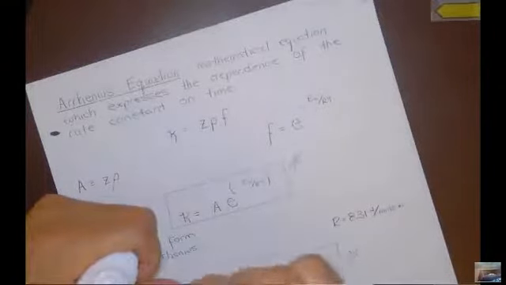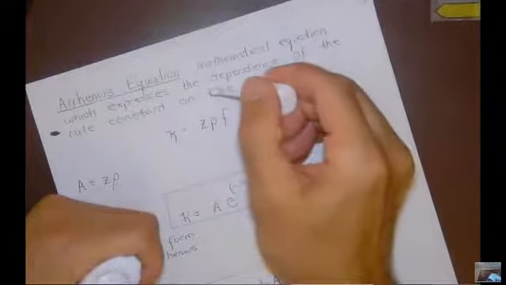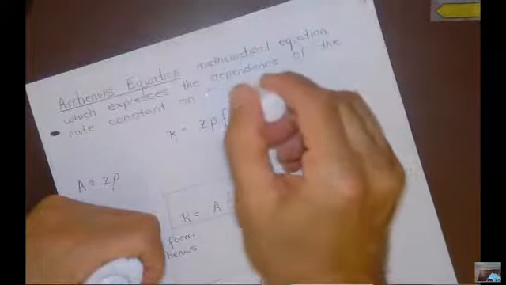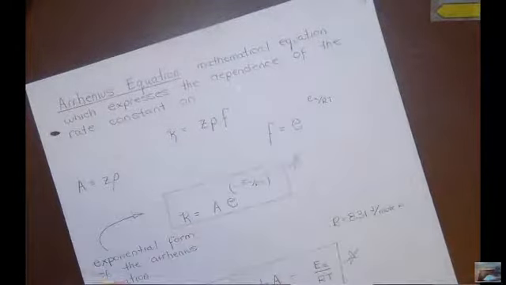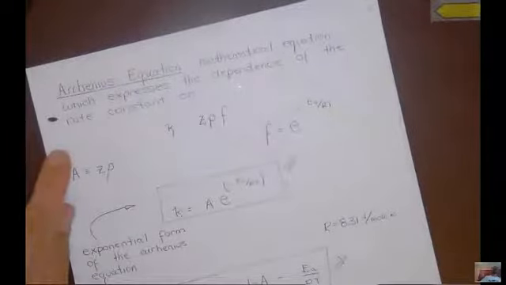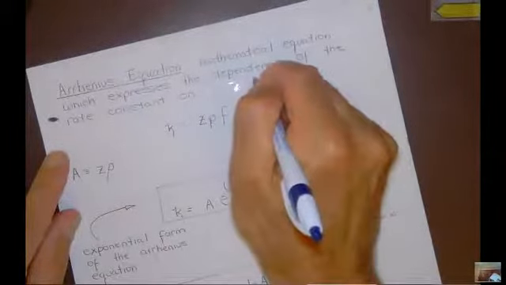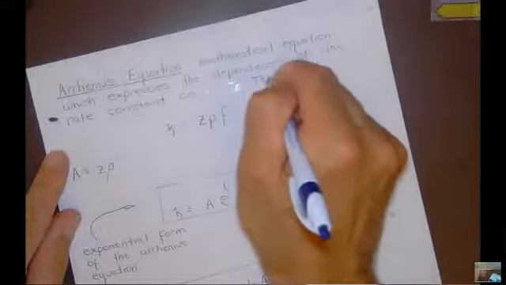Okay, that's a big mistake, right? Time we already did. So this is the Arrhenius equation, the mathematical expression which expresses the dependence of the rate constant on temperature, in Kelvin.